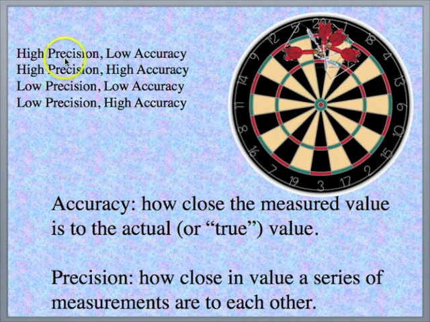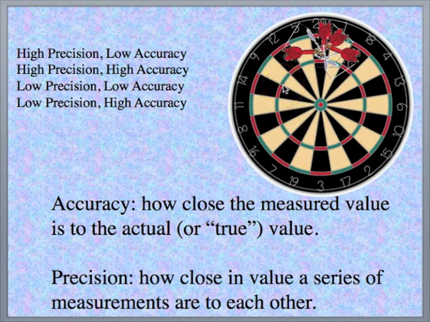What is that? High precision, low accuracy; high precision, high accuracy; low precision, low accuracy; low precision, high accuracy. Well, the darts are all very close together, so that would be high precision, but it would also be low accuracy because their average is not near the bullseye, right?